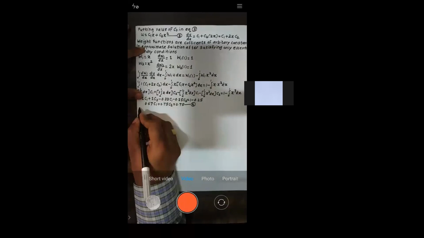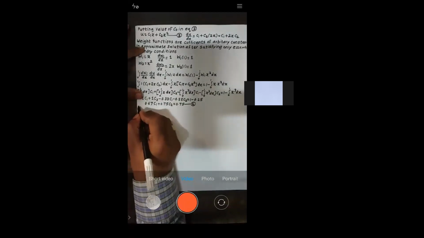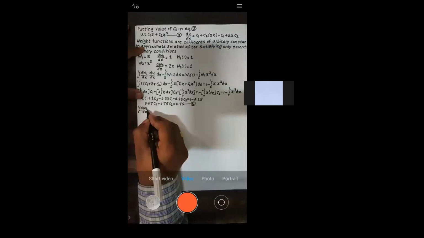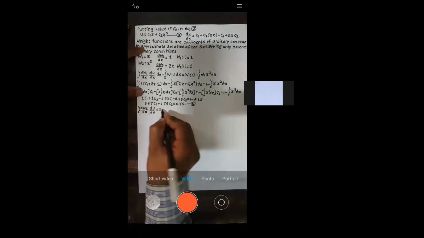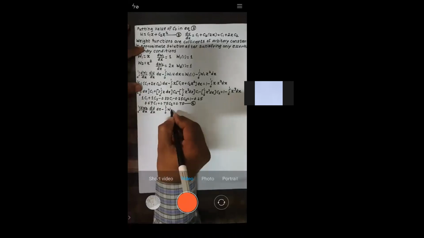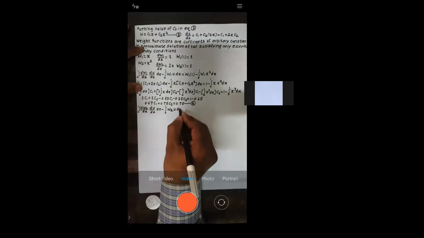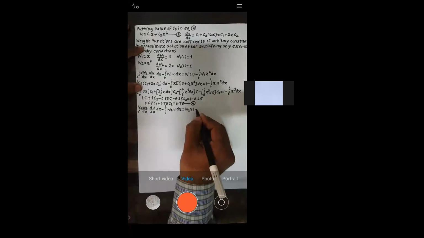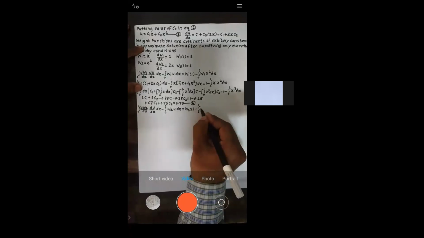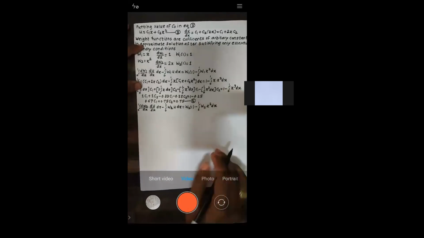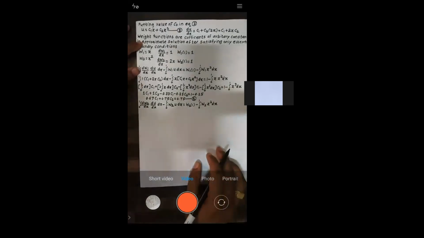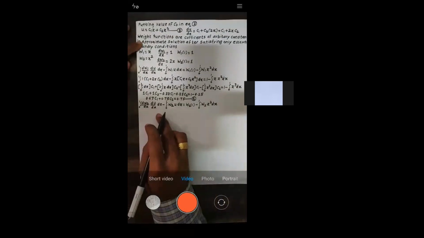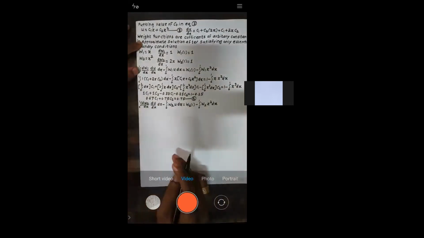So 0 to 1 dW2 by dx into du by dx minus 0 to 1 W2 into u into dx is equal to W2 when x is 1 minus 0 to 1 W2 into x square dx. Is it okay? Only W1 I changed to W2.